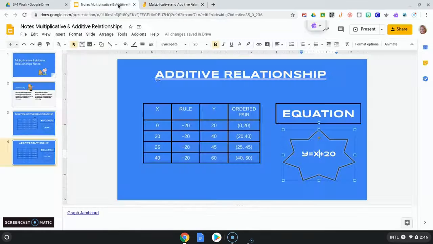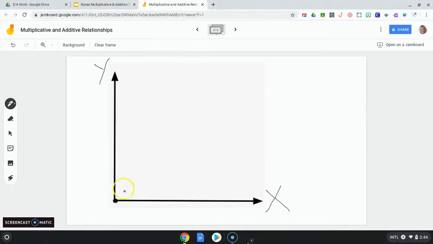And because these numbers go up in a different way, I'm going to go up by tens. So this is 10, 20, 30, 40, we'll just go 50. Okay, this again is 0.